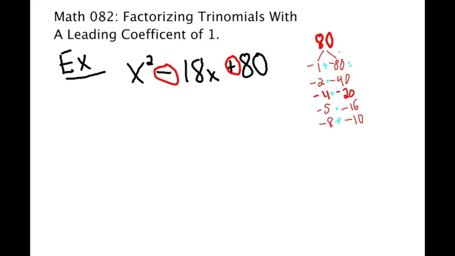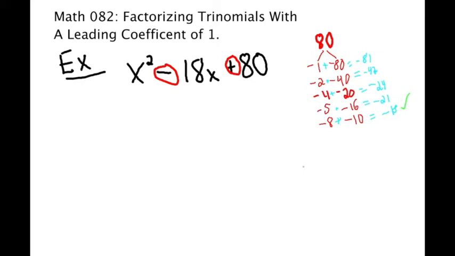So negative 1 plus negative 80, that's going to give us negative 81. Negative 2 plus negative 40, that's going to give us a negative 42. Negative 4 plus negative 20, that's going to give us a negative 24. Negative 5 plus negative 16, that's giving us a negative 21. And negative 10 plus negative 8 is going to be negative 18. There we go. There's our winner.